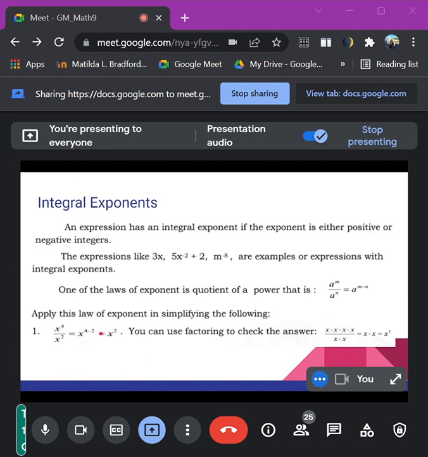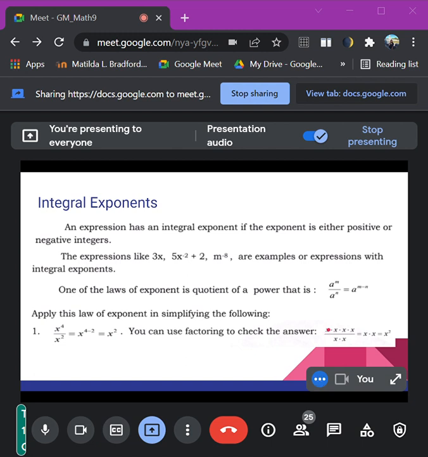You can also use factoring to check. If we factor or break it down, we have four x's: 1 times x times x times x times x. And in the denominator, we have x times x.